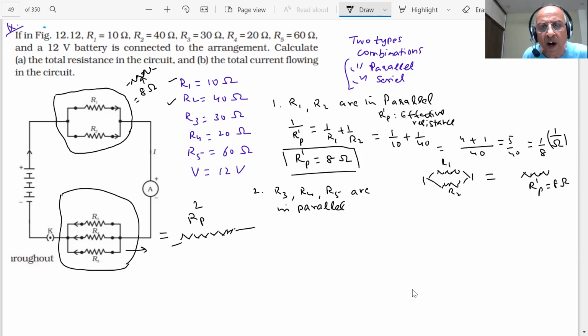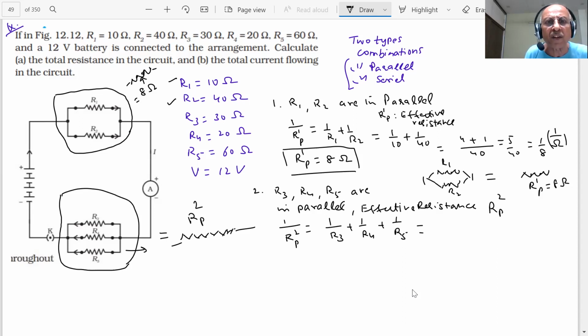What will be the value of RP2, students? Effective resistance, RP2, what will be that? 1 by RP2 will be equal to 1 by R3 plus 1 by R4 plus 1 by R5.